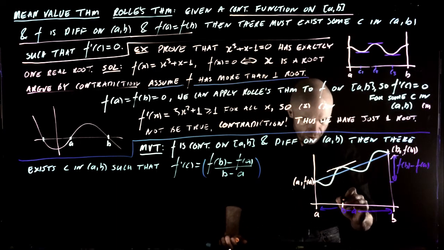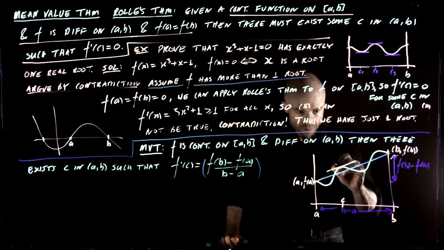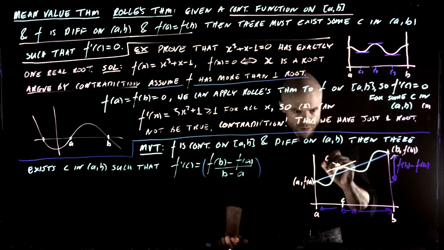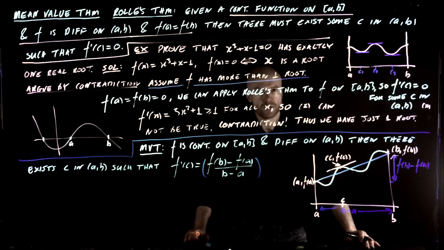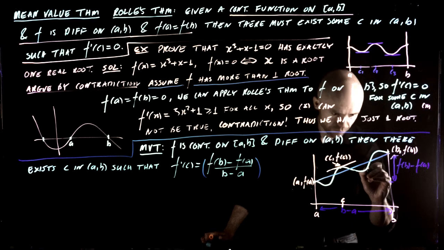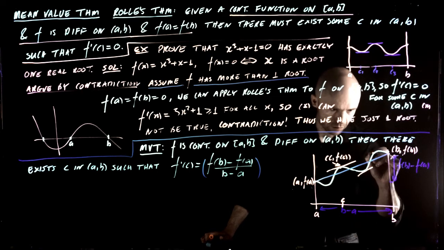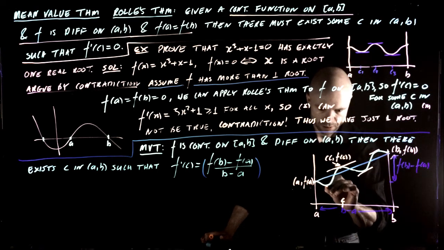So this point c, and this point on the graph with coordinates c, f of c, that's a point for which f prime of c is equal to this quantity, yeah? And it's also true here, and here, and here, so we have a whole bunch of them.